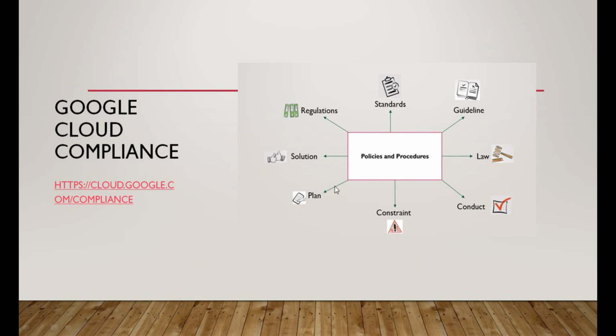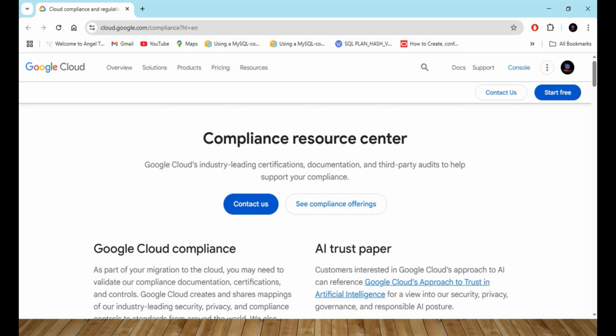Next comes Google Cloud Compliance. With respect to compliance, you will think of standards, guidelines, regulations, solutions, law, conduct, multiple things. So you can find the Google Cloud Compliance Resource Center over here in this link. The compliance offerings differ with respect to the region where you're located.